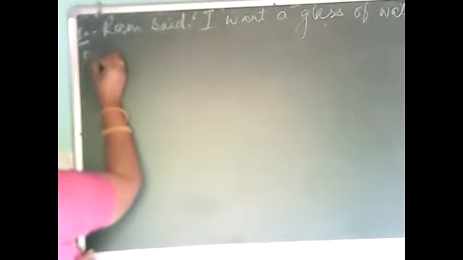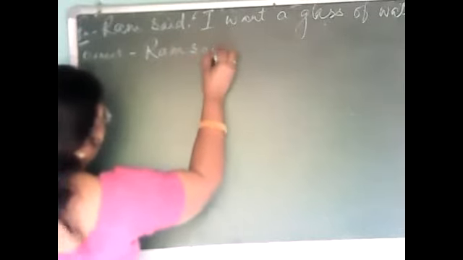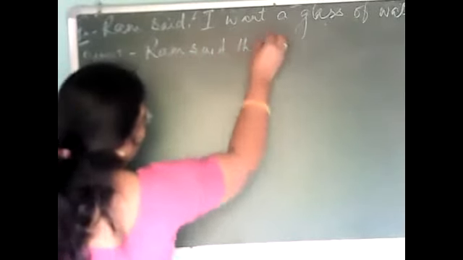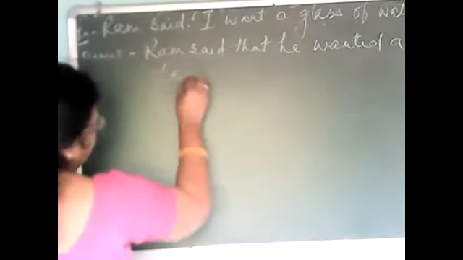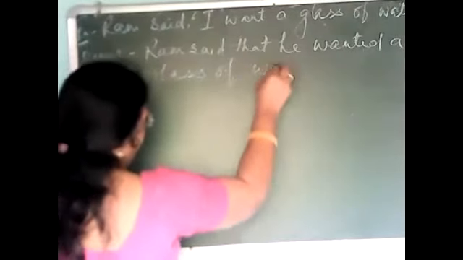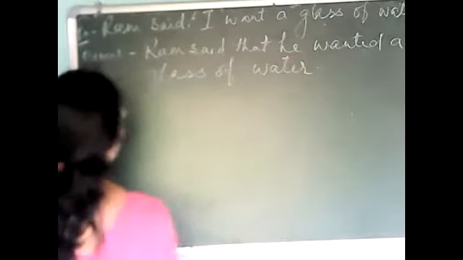Inverted comma, close. Now, this is indirect. I have written IN for indirect. Now, direct. What we will write for direct? Ram said that he wanted a glass of water.